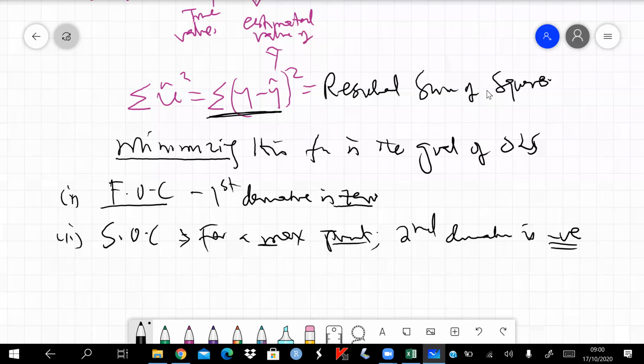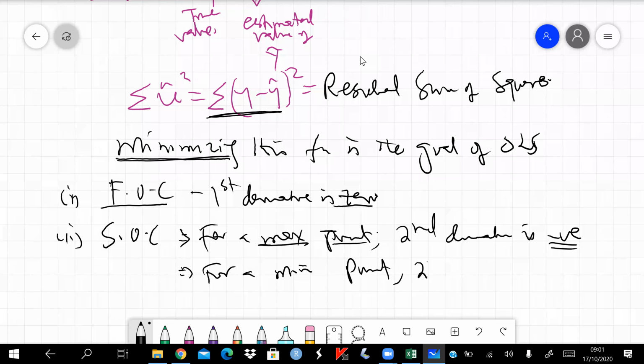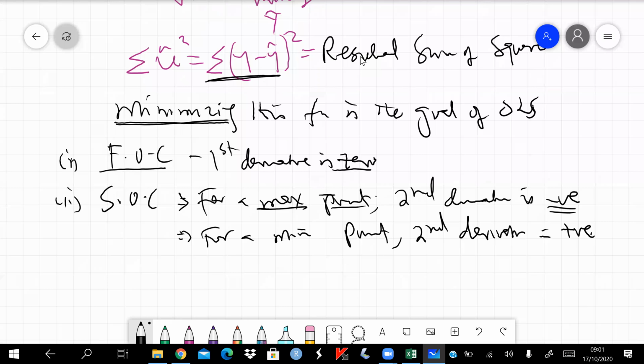We shall not be looking for a maximum point. We shall be looking for a minimum point, which is a turning point, because what you're calling a minimum or maximum point must be a turning point of the function in question. So for a minimum turning point, the second derivative is positive.